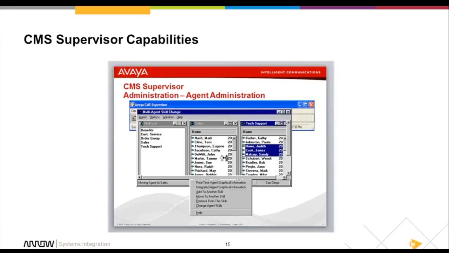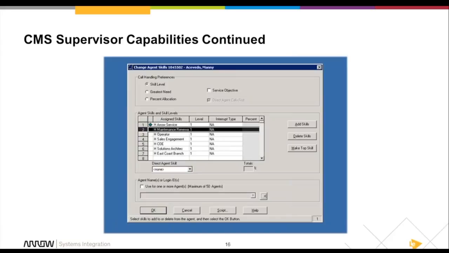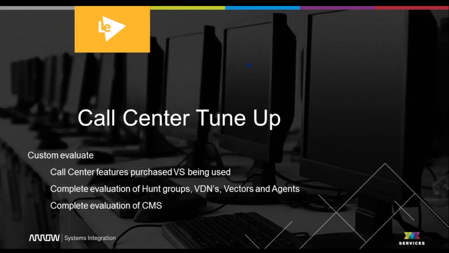I can come here with a click of the mouse, highlight the Spanish-speaking agents, and then add them to the group that we want them to help answer. Once the problem with the number of calls has subsided, you can come back and delete that skill from that agent's portfolio.